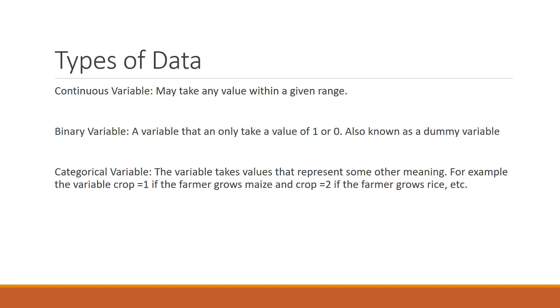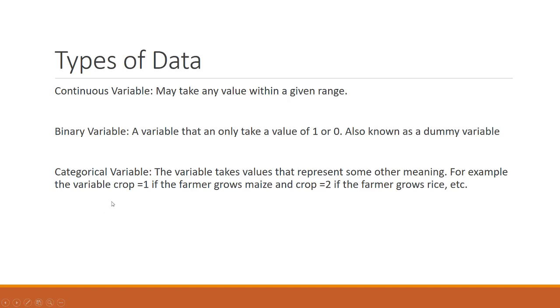So let's use an example. Imagine we're collecting data on farmers, and we want to know what crop they grow. We could have a data set that indicates the type of crop that each of the farmers in our data set grows. And we can use numbers to label those different crops.